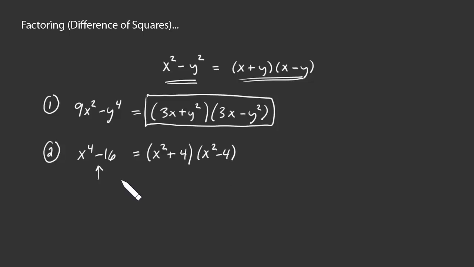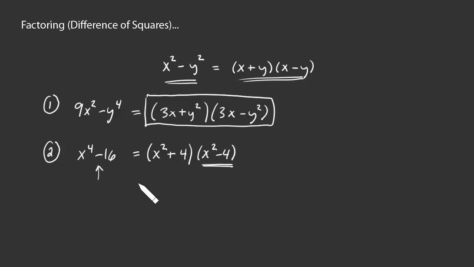But hold on. Don't get too excited yet. Are these things completely factored? Look right here. That is also a difference. And that's a square, namely of x, and that's a square, namely of 2. This can be broken down further by the same trick. Okay? This one unfortunately cannot. Right? We have a sum of squares here that doesn't factor nicely most of the time.